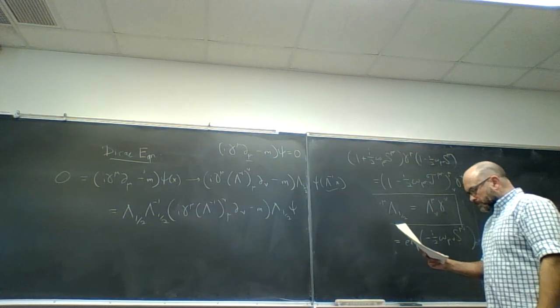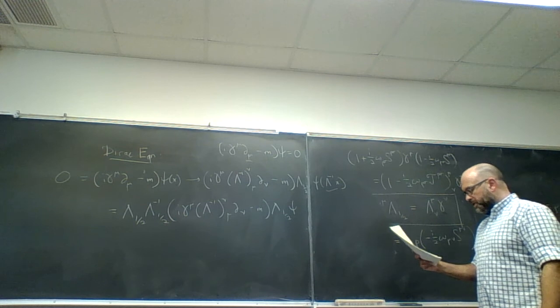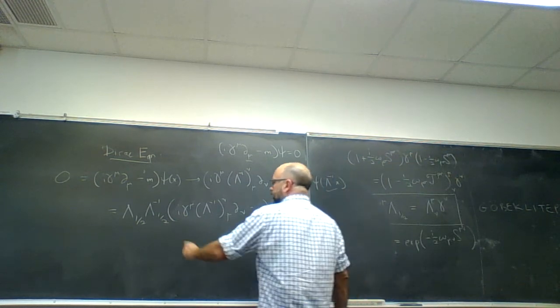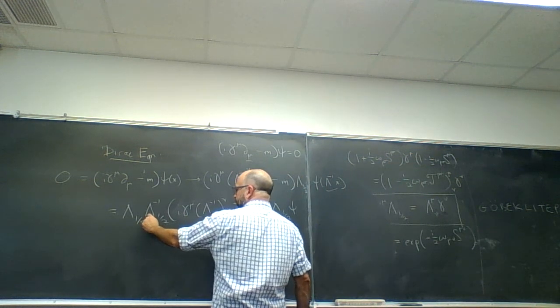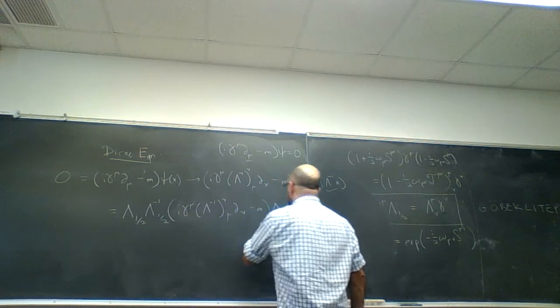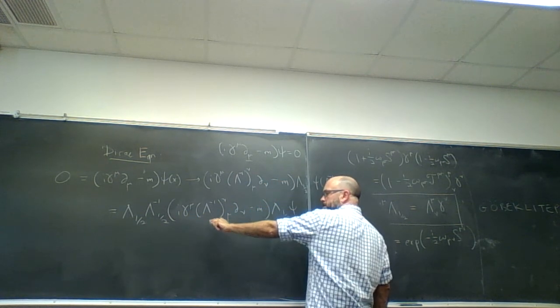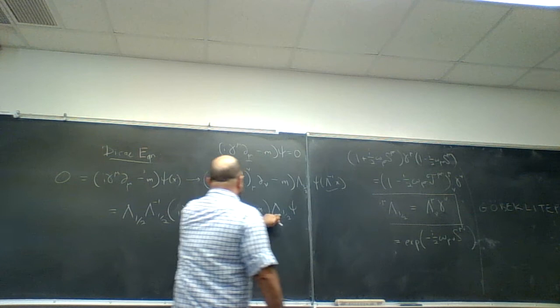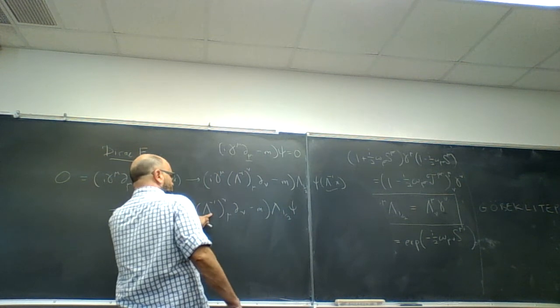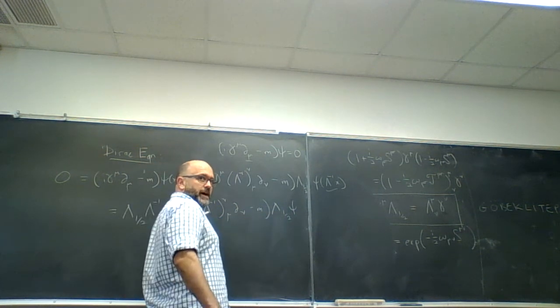Okay? All right. So the next thing I can do is take this guy and push it through, and take this guy and push it through. So this guy is going to commute with this, because it's just a function of that.